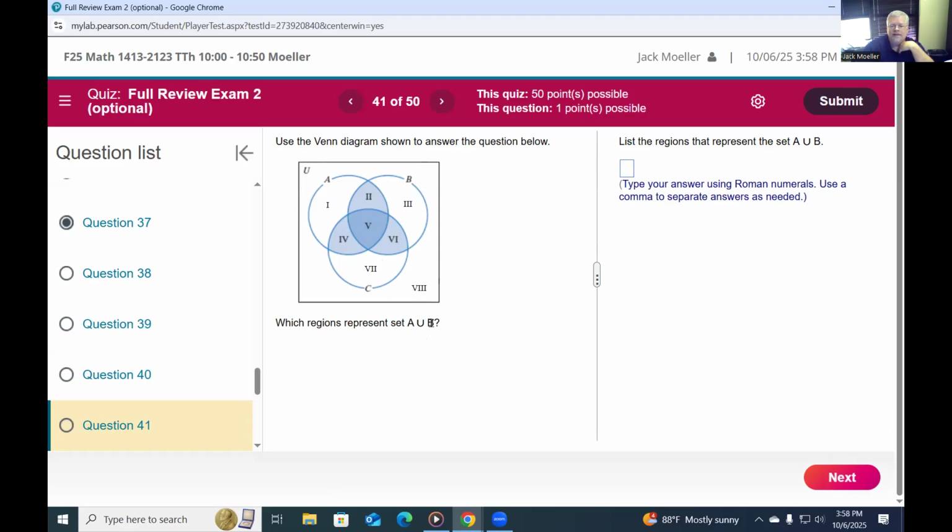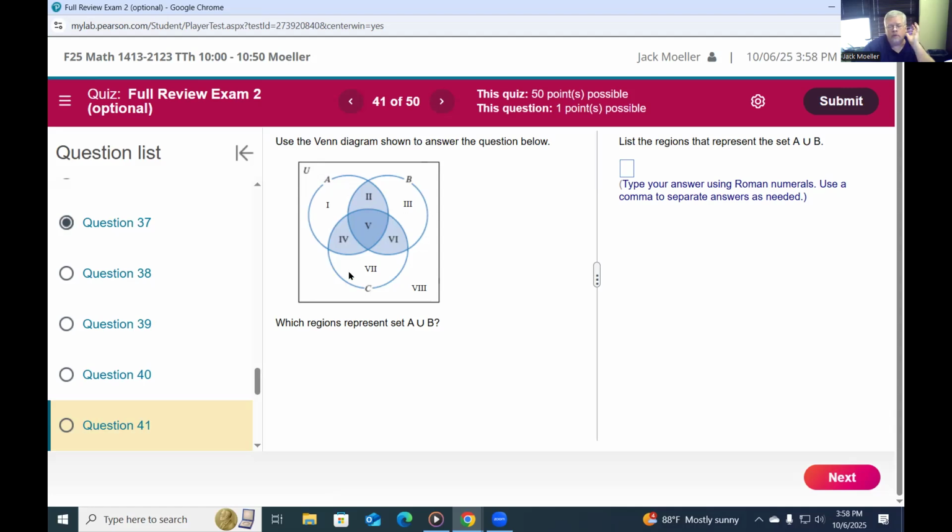What would A union C? Where is that? What's everything in A? Everything in C. So A union C would be 1, 2, 4, 5, then 7 and 6. If we wanted A intersection C, then it would be 4 and 5. Okay.